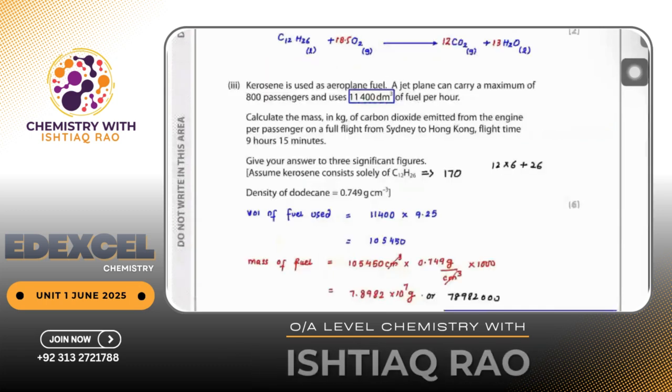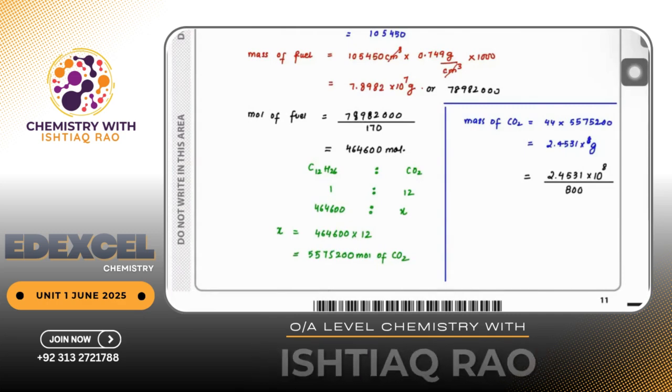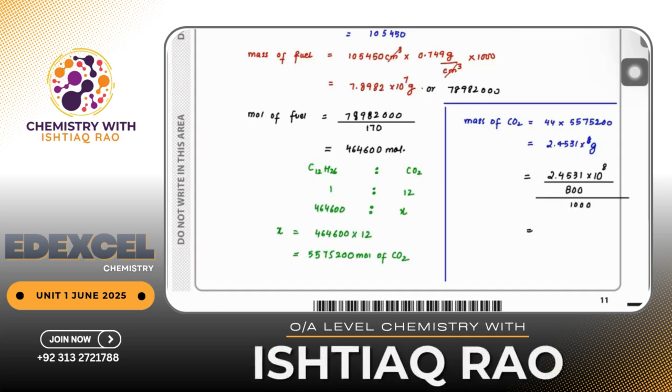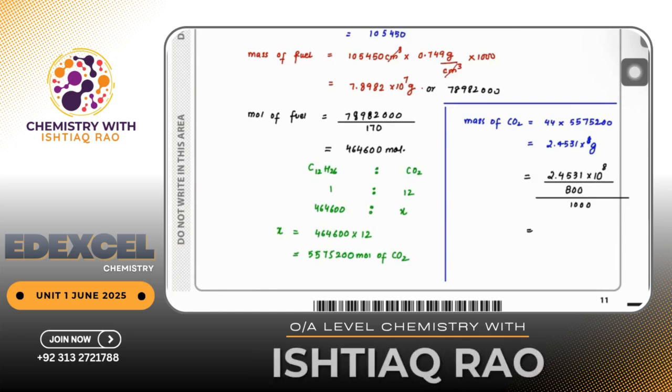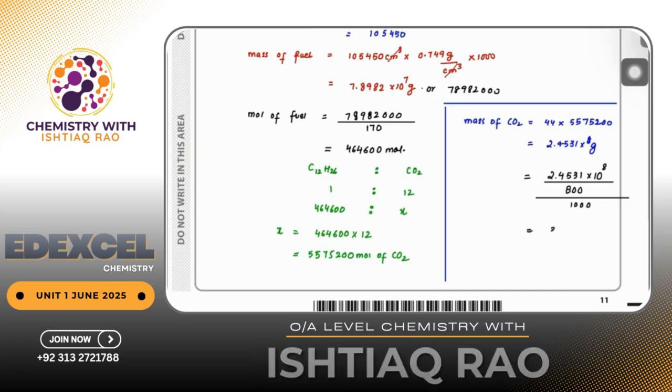The mass is needed in kilograms, so I have to convert from grams. I'm going to divide the total answer by a thousand, which would give us the mass in kilograms. Approximately, the answer would be around 306 kilograms. That would be your answer.